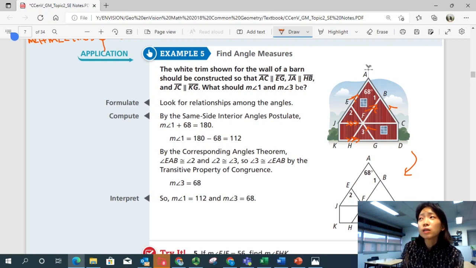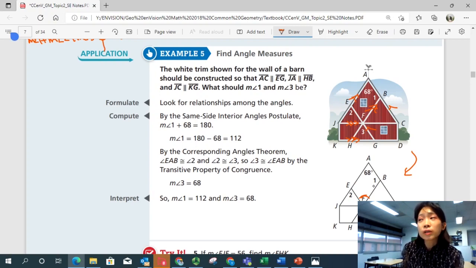And because these two lines are parallel, you know that angle 2 and EFB would be congruent by the alternate interior angles theorem, right? And you know that 1 and this angle, EFB, are same side interior angles.